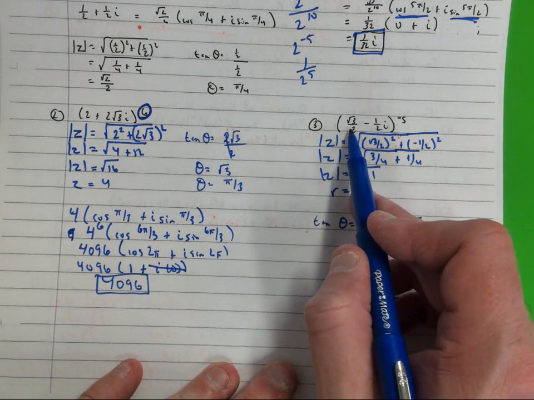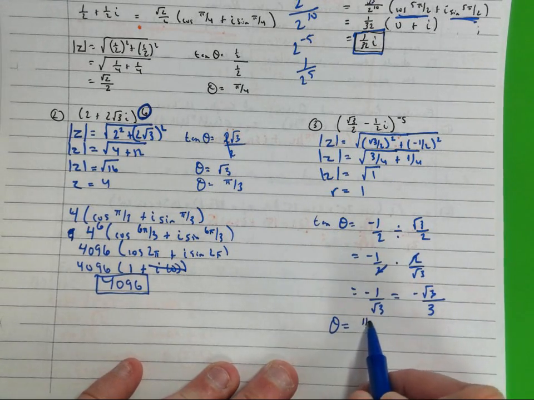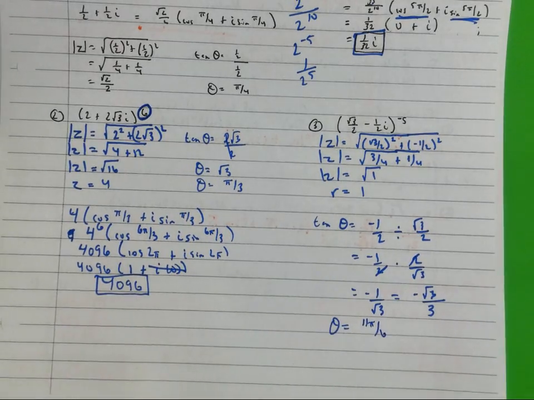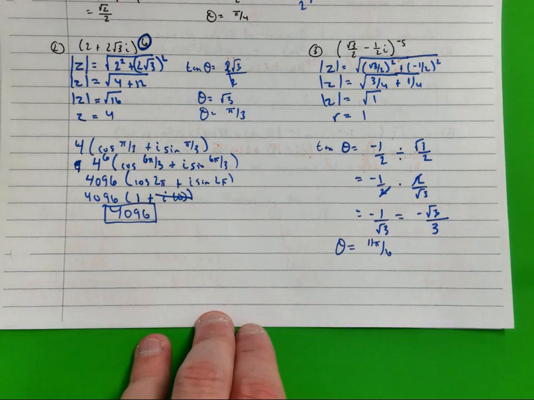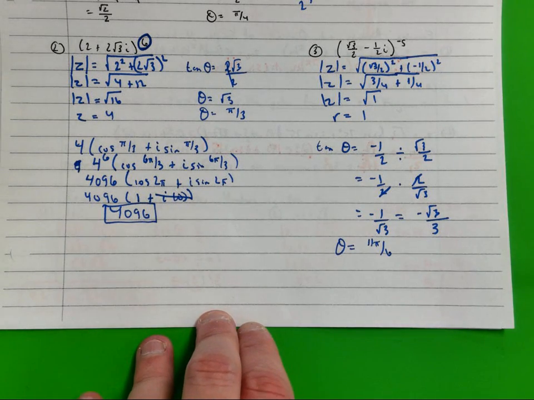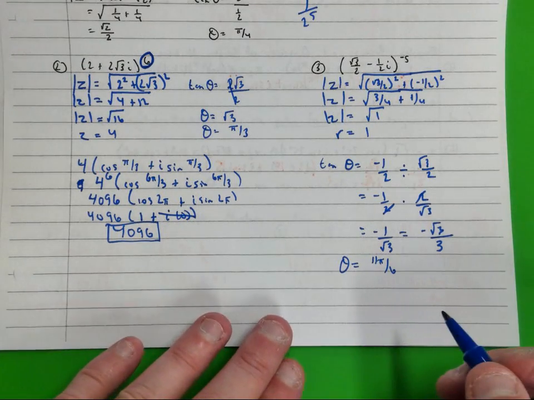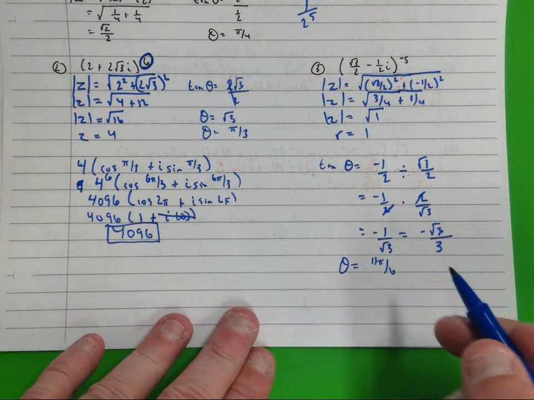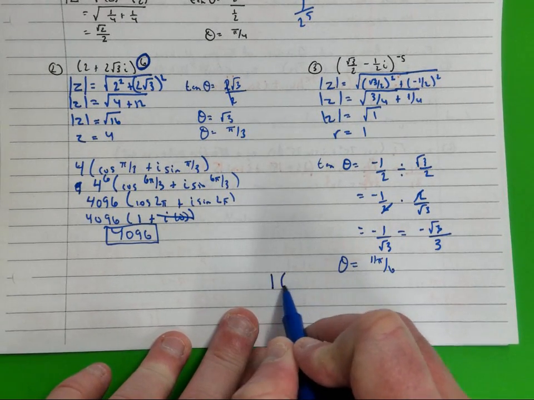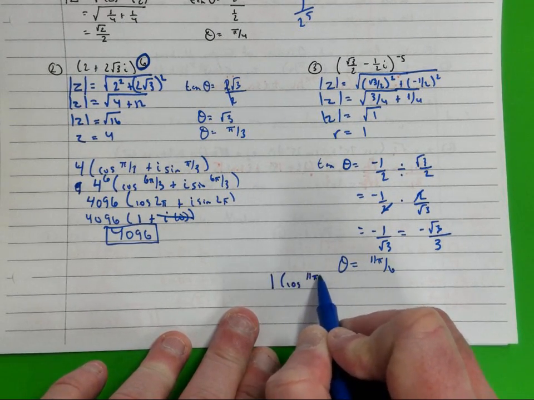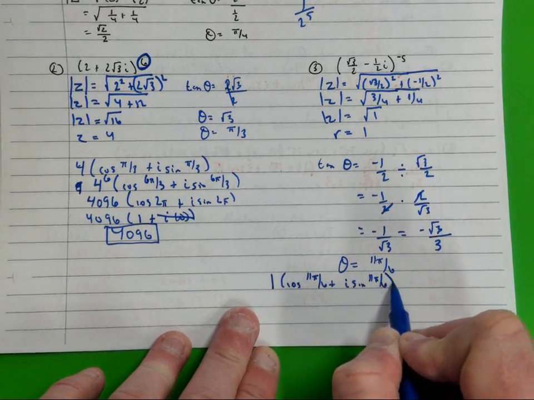And what quadrant do you want that out of? That's going to be quad 4. So that's going to be 11 pi over 6. Alright, so let's write it in polar form. So that'd be 1 cosine 11 pi over 6 plus I sine 11 pi over 6.